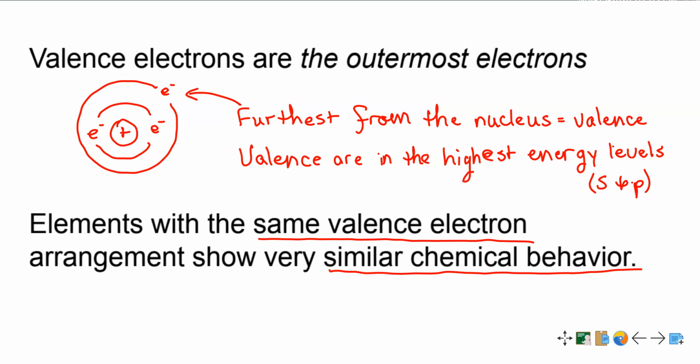Sodium is, give me a second to look at my periodic table. Sodium is neon 3s1. So it has one valence electron. It only has one valence electron in its highest energy level.